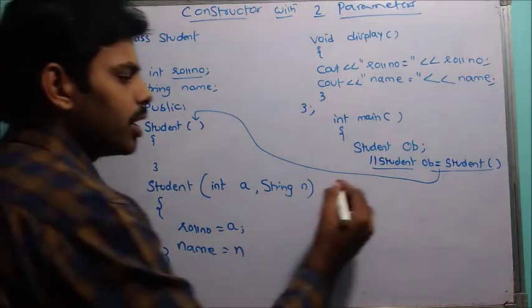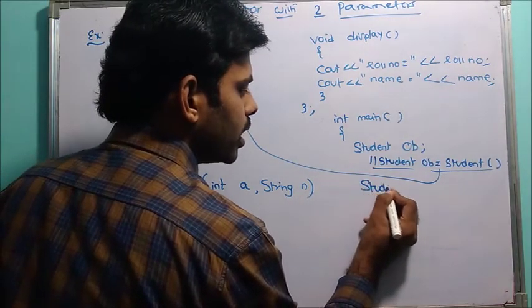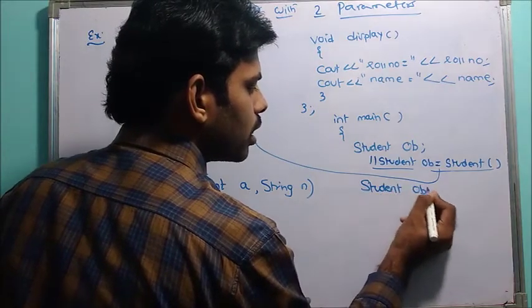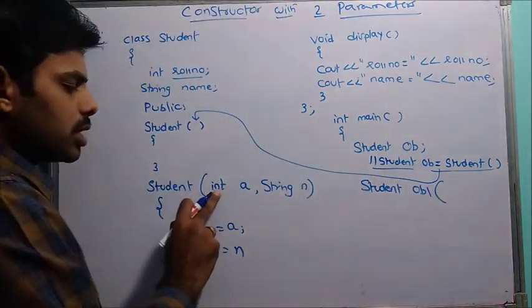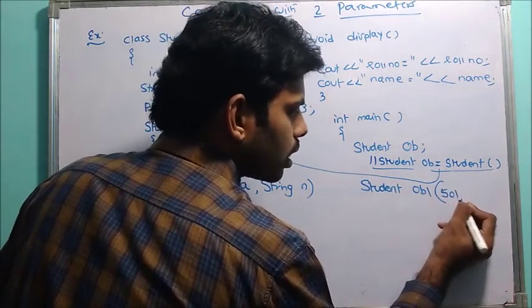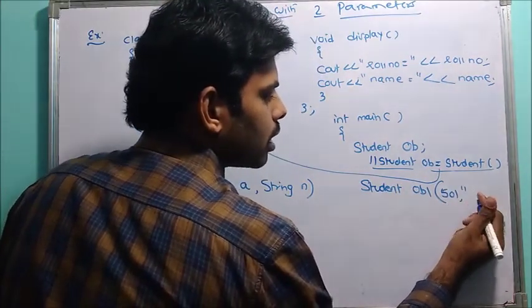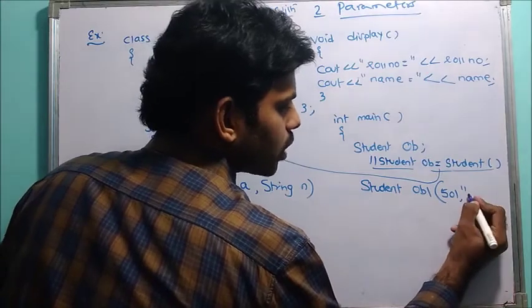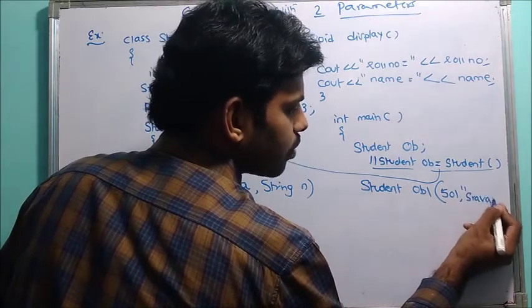And next I am creating one more object, student OB1, with two parameters, of type integer and string. For example, 501, and the string can be represented in double quotations, for example, Shravan.